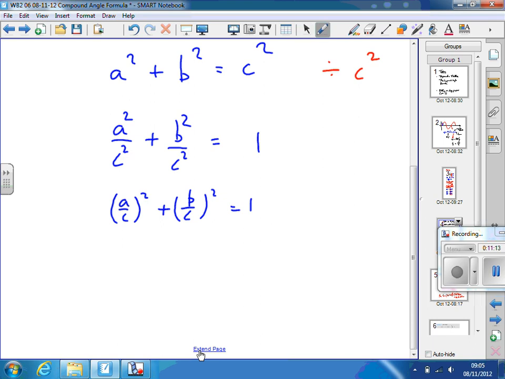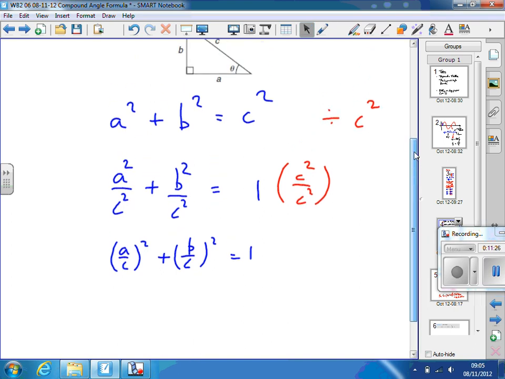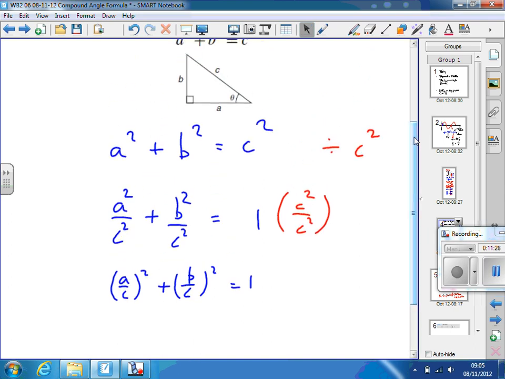Because I've divided through by c squared, and c squared divided by c squared is 1. Anything divided by itself is 1, isn't it? Now, if we look back at our triangle ABC, as written here, with that angle theta identified here, then in terms of sine and cosine and tangent, what is A over C?